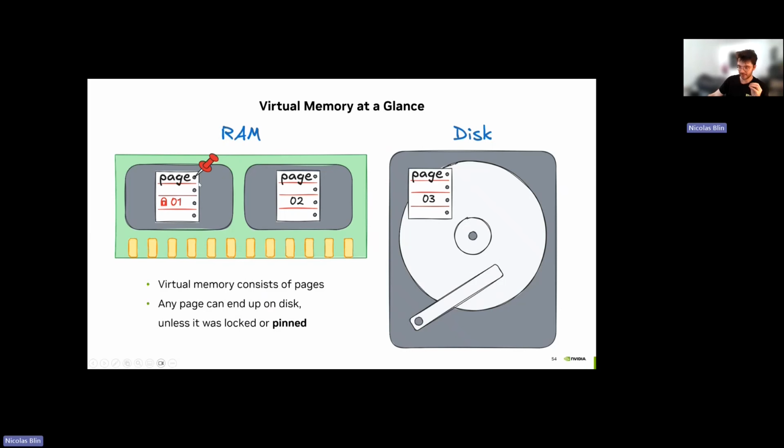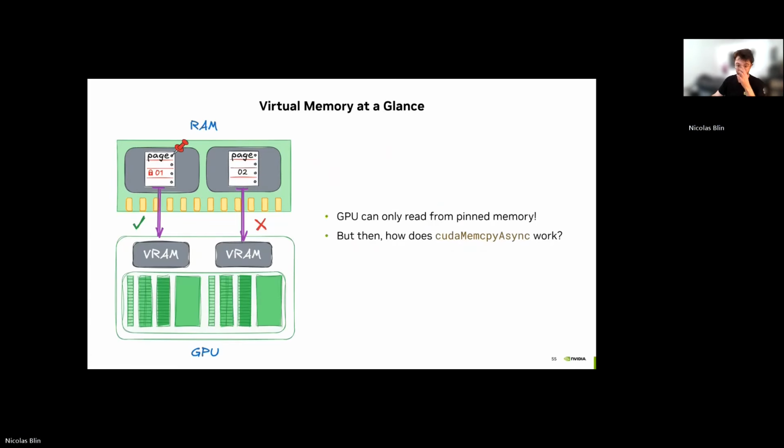Those memory pages are locked, they're pinned, that's why we call them pinned memory. They're locked onto the RAM. So how does this have anything to do with the GPU? Well, as it turns out, the GPU can only read memory from pinned memory. So when it's in RAM.